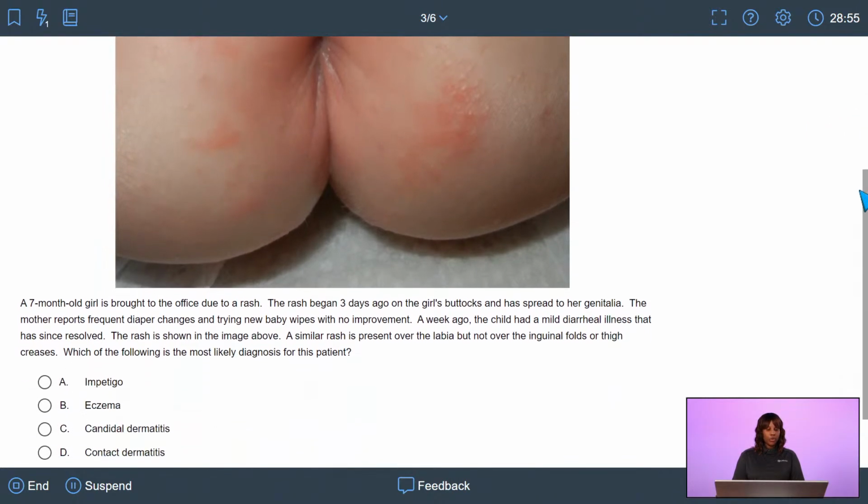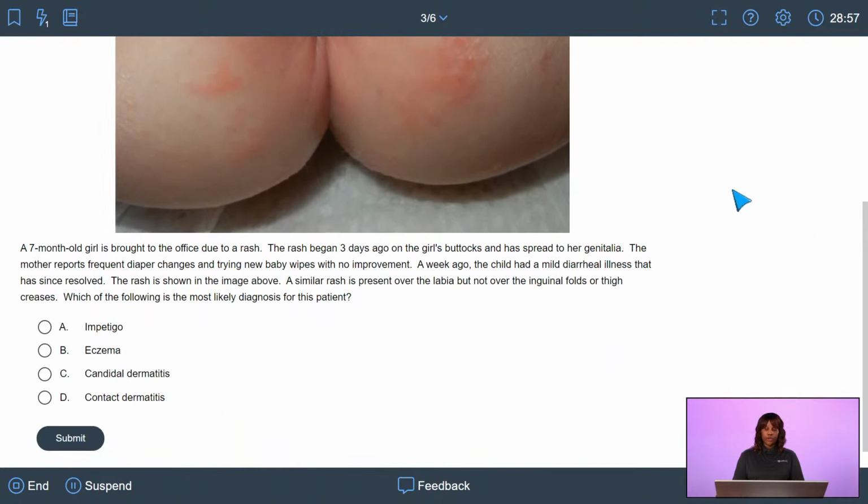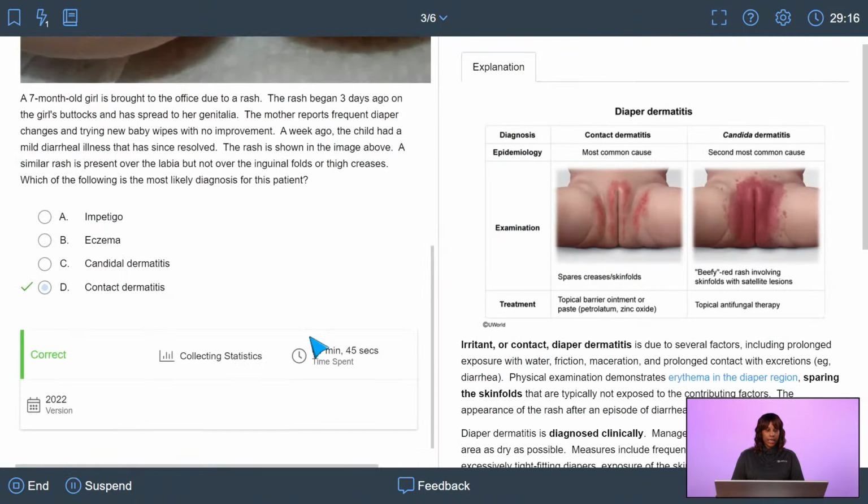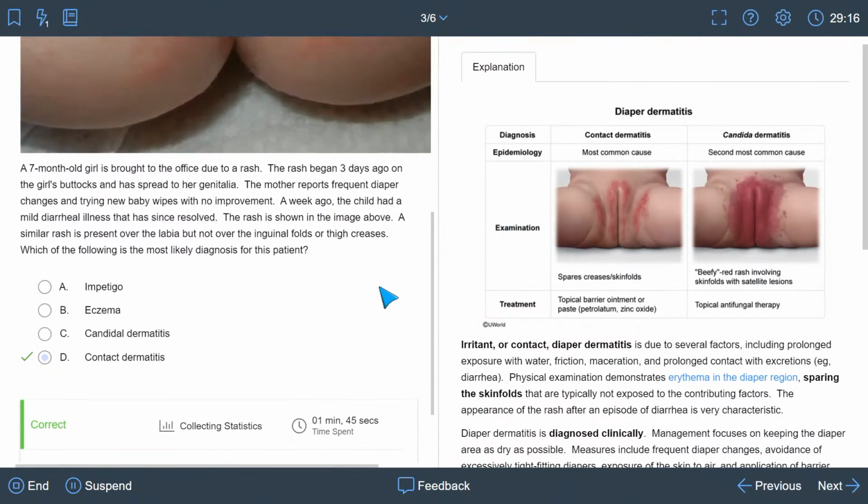Now let's scroll back down to the stem and the answer choices. The answer to this is D, contact dermatitis.